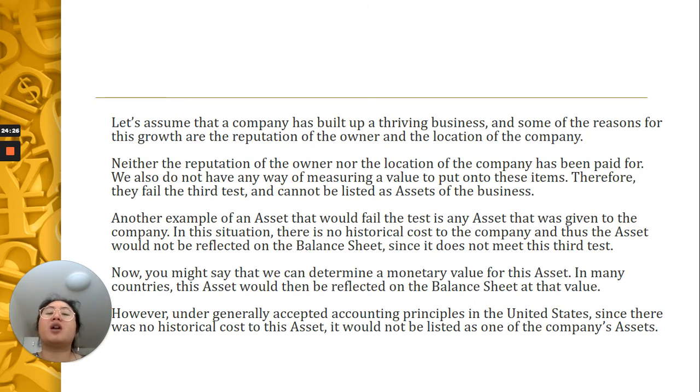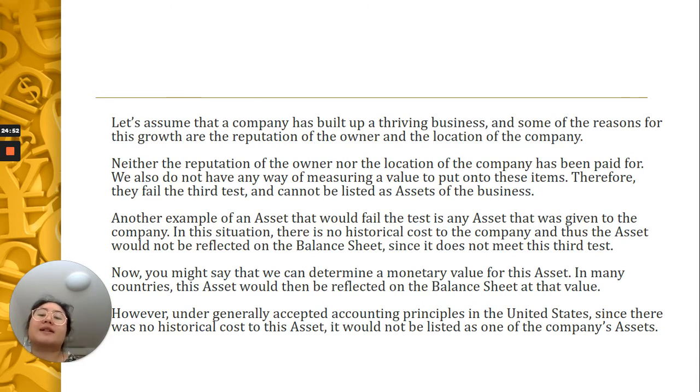Neither the reputation of the owner nor the location of the company has been paid for. We also don't have any way to measure the value to put onto this item. Therefore, they fail the third test, so they cannot be listed as an asset on the balance sheet of the business.